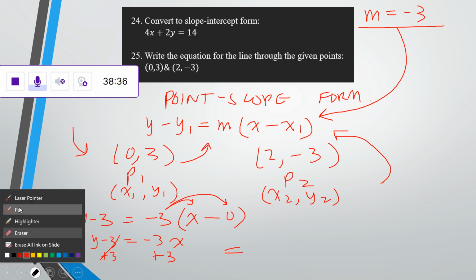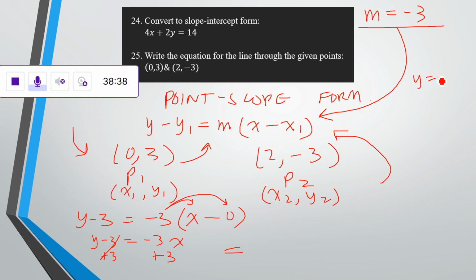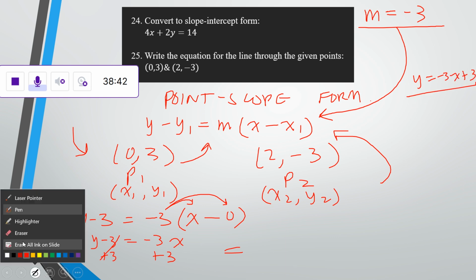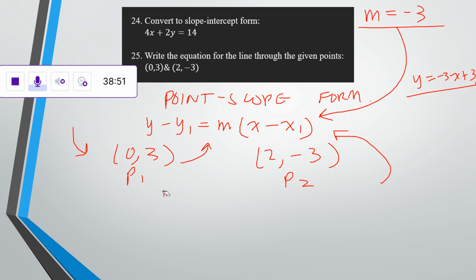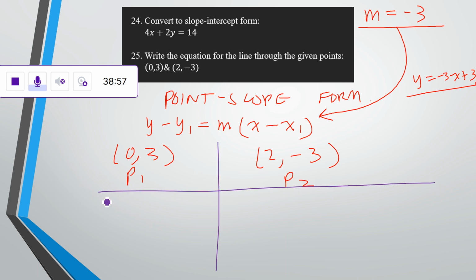So let me rewrite our equation up here. y is equal to negative 3x plus 3. Let me go ahead and erase all of this stuff here at the bottom. I'll show you that this equation should work for both points, point 1 as well as point 2. So let's do just that.